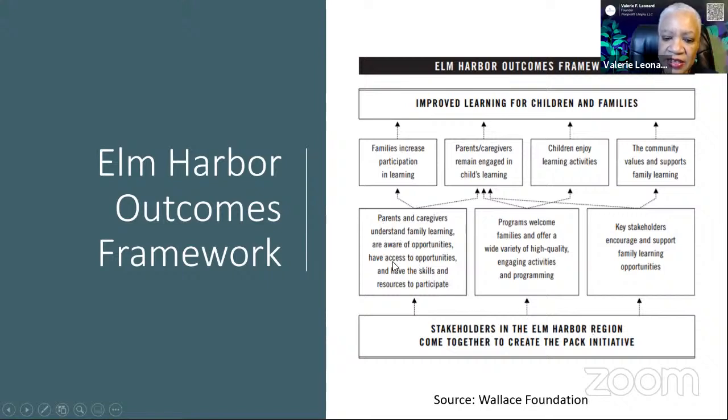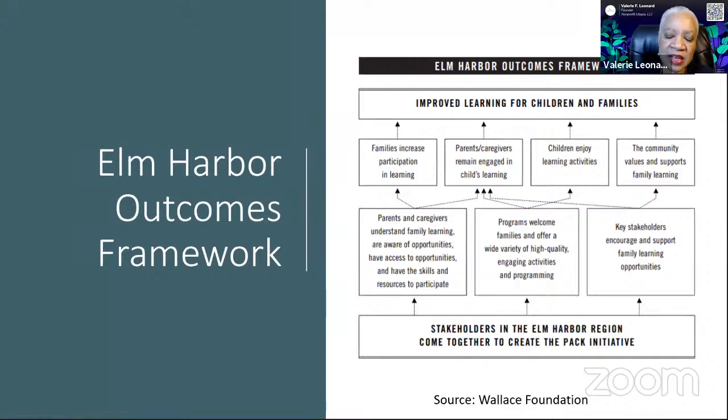And then here in the second phase, this is, I believe, the supply and demand. Parents and caregivers understand family learning, they're aware of opportunities, they have access to opportunities, and they have the skills and resources to participate. The programs welcome families and they offer a wide variety of high quality, engaging activities and programming. And then key stakeholders encourage and support family learning opportunities.